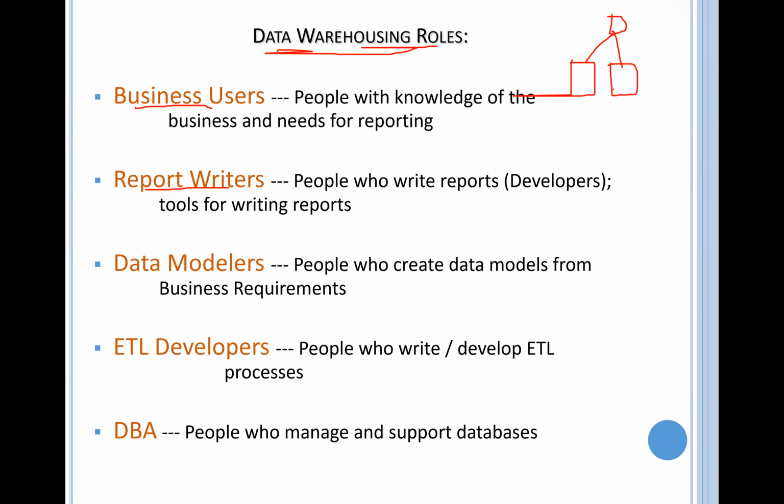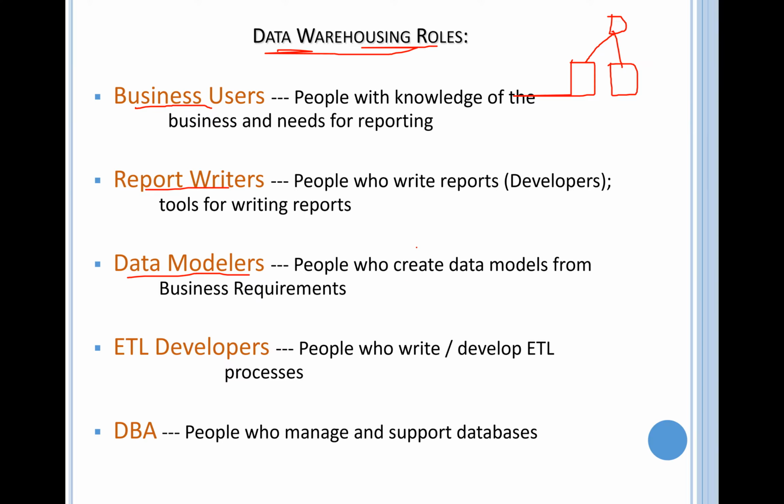The ETL developers are responsible for loading the data from the heterogeneous source systems. So we will collect the data from heterogeneous source systems and we will load it. But maintaining the tables is called the data model, right? So who is responsible for the data models?